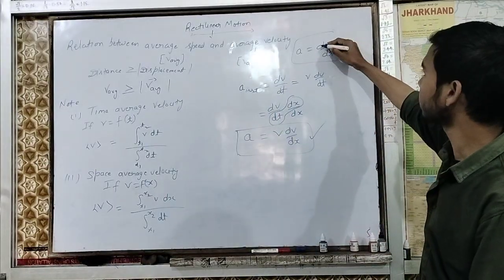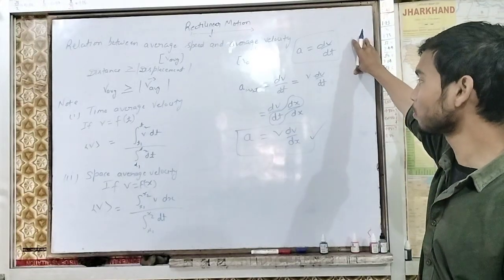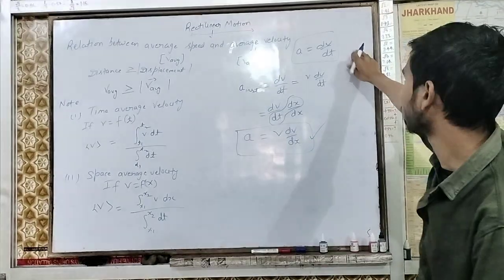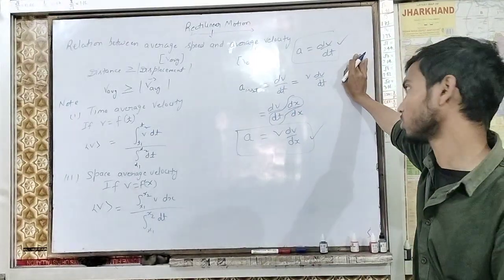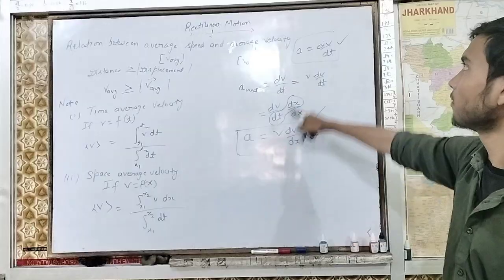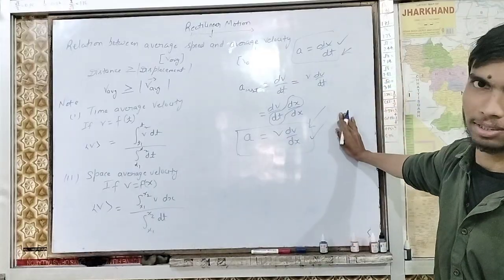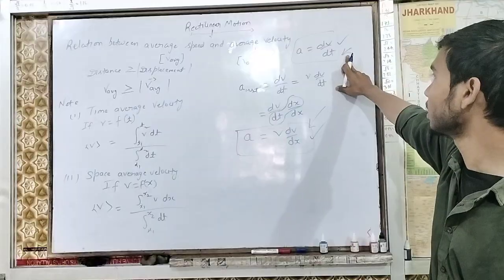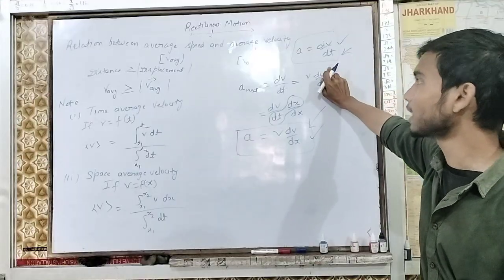But what if the question is not providing a relation between v and x, but v and t, then this is valid for that question. Here in this formula, position is not given. In this formula, t is not given. If t is not given, use this formula. If x is not given, apply this formula.